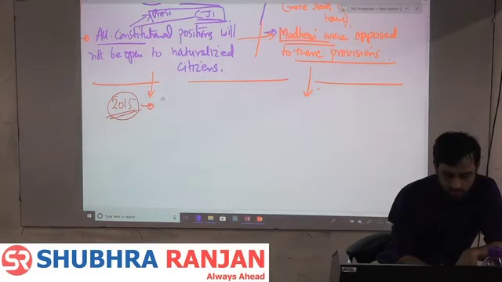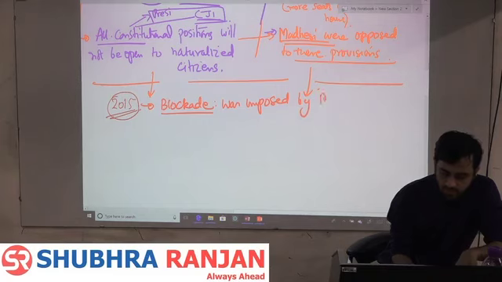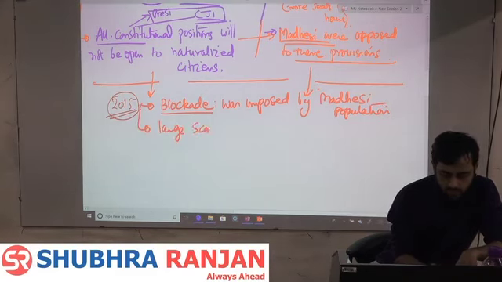In 2015 a blockade was imposed by the Madhesi population. Large scale violence erupted in the Terai regions.